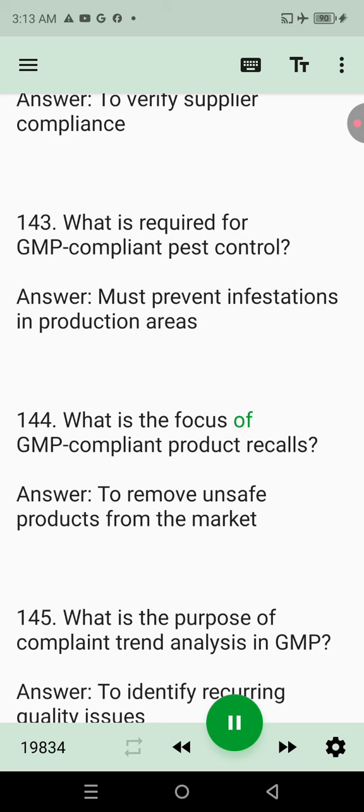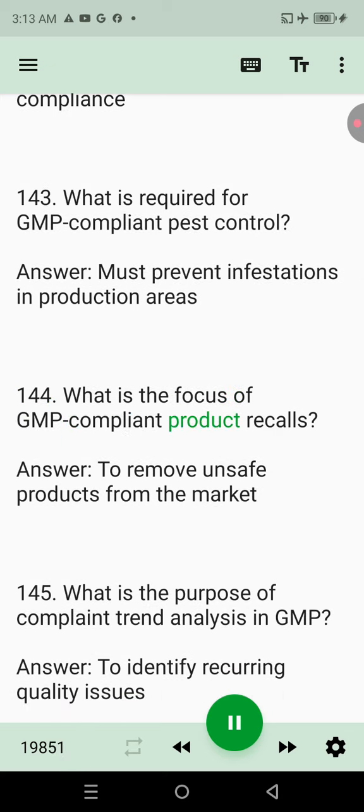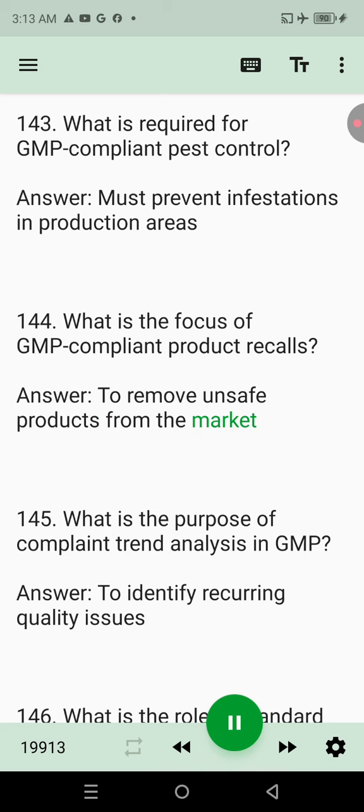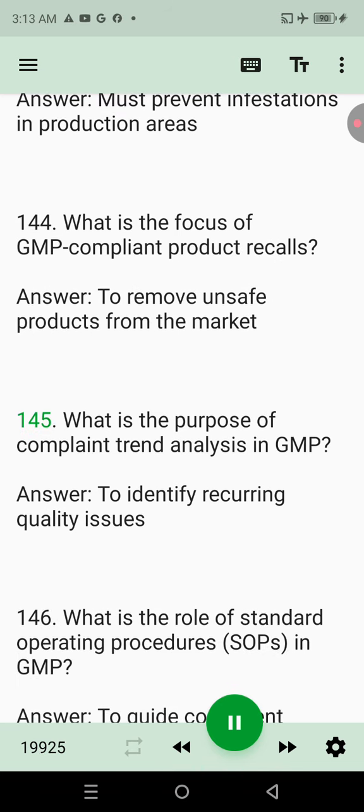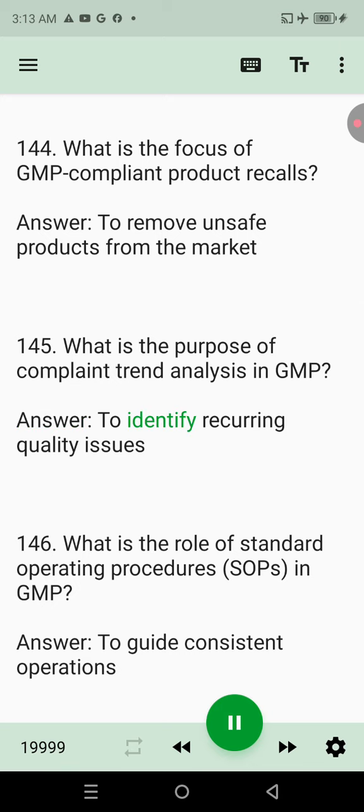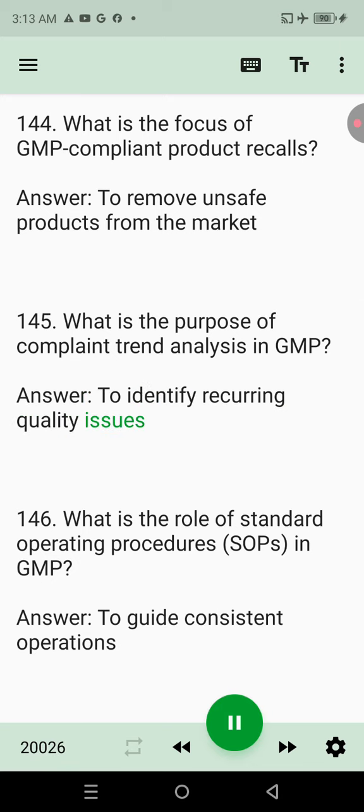What is the focus of GMP compliant product recalls? Answer: to remove unsafe products from the market. 145. What is the purpose of complaint trend analysis in GMP? Answer: to identify recurring quality issues.